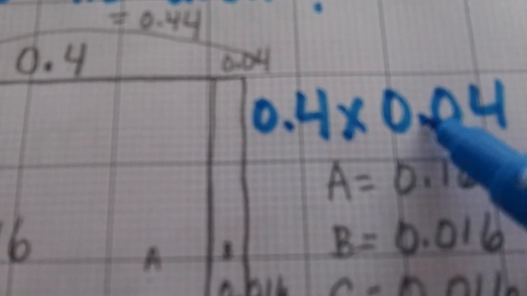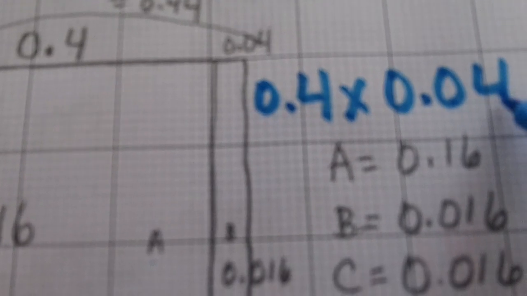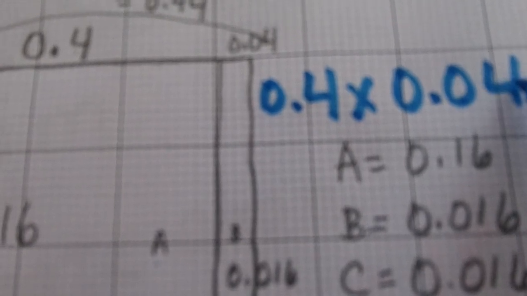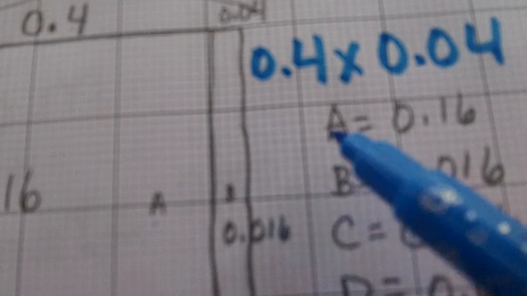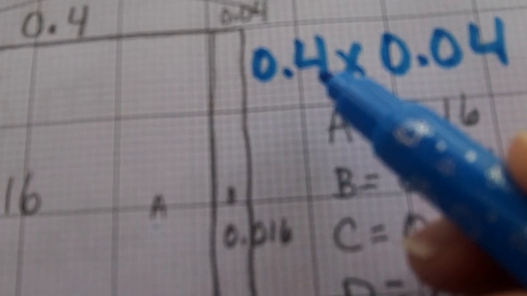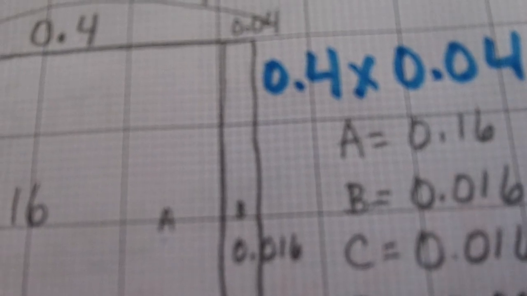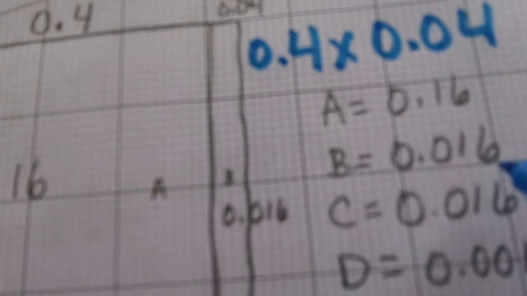Well, since I am out to the hundredths, my place value for 16 is going to start at the hundredths place. So my value for B, multiplying 4 tenths by 4 hundredths, would be 0.016.